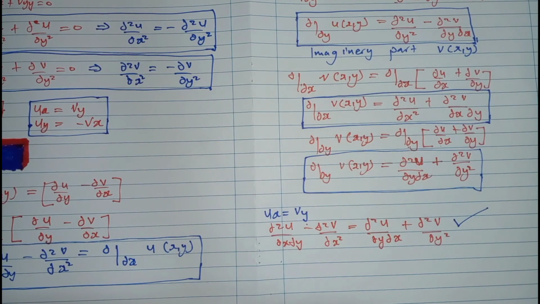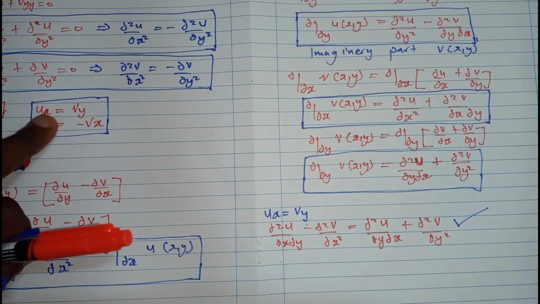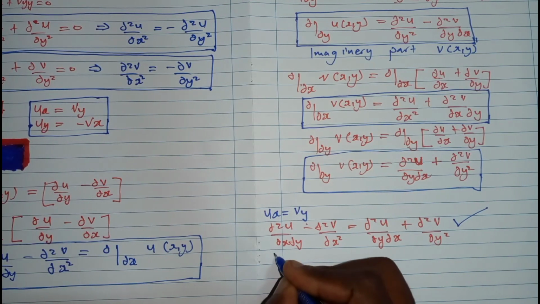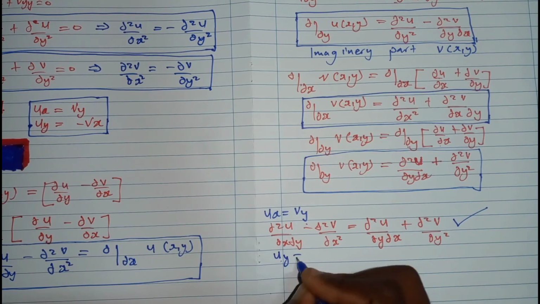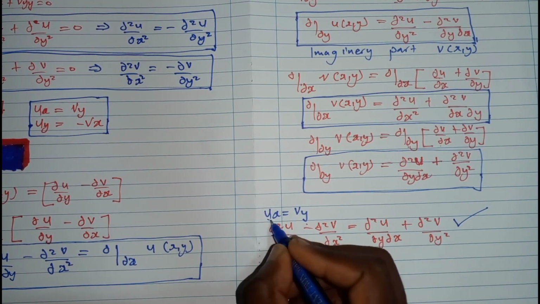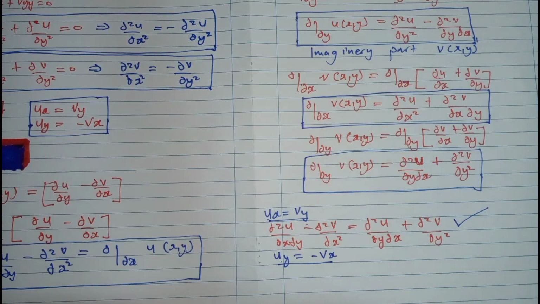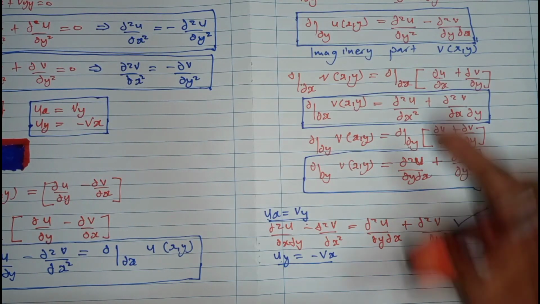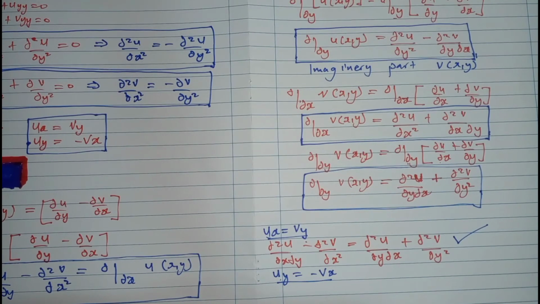Now we want to move on to the second one. Okay, so for the second one, this one which is right here, uy is equal to negative vx. Okay, so let's go to uy. Okay, so uy is right here.